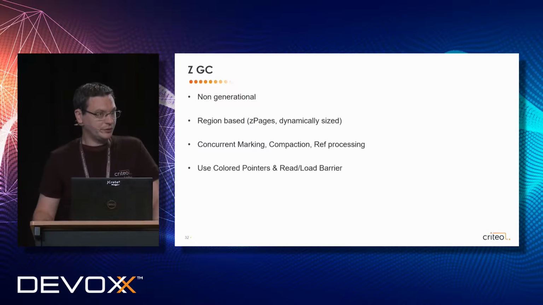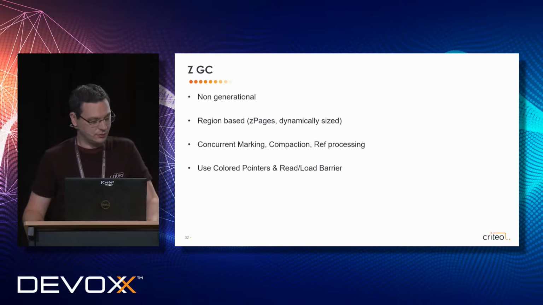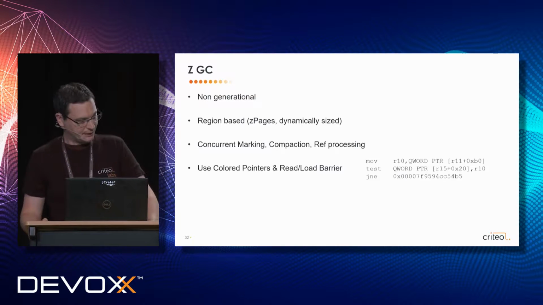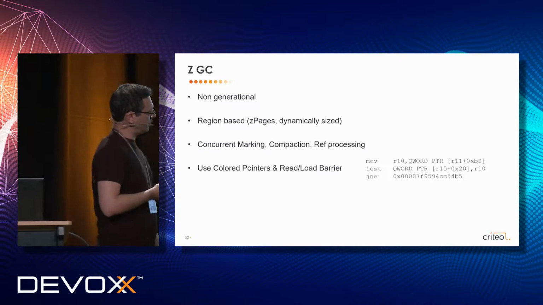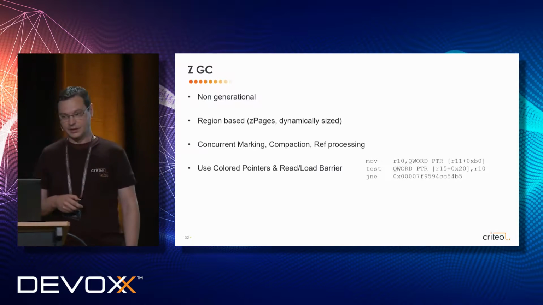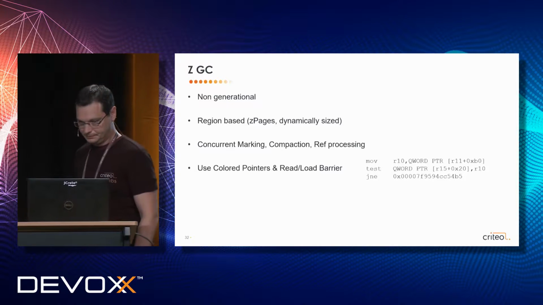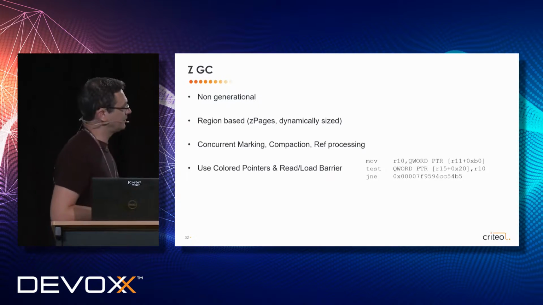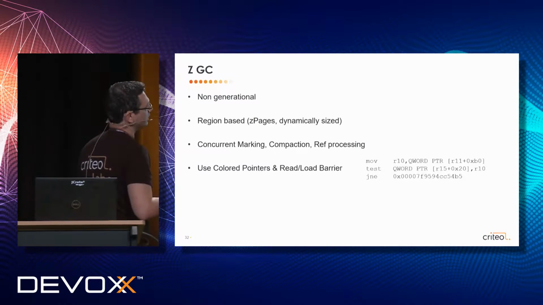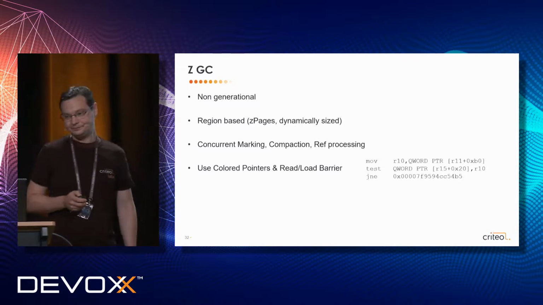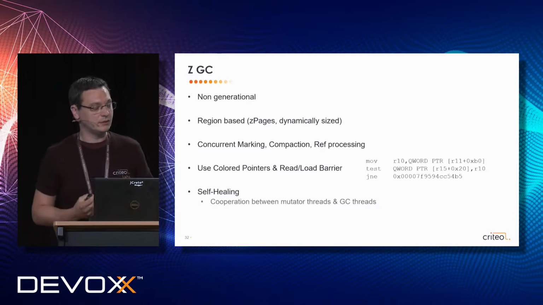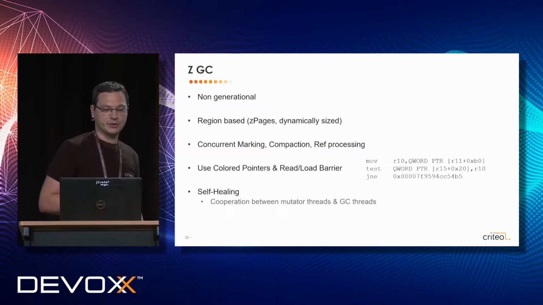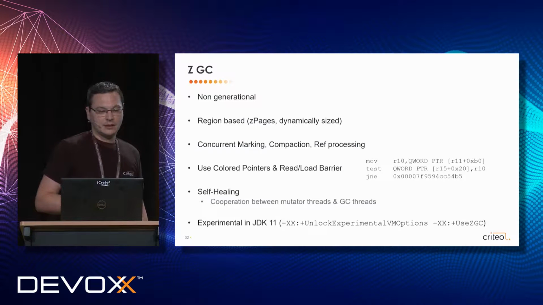They use the colored pointer, so something similar to C4, and the read-load barrier. Again, that's an example of the load barrier from ZGC. They are using thread-local state, so it means that we have a memory access each time we try to load a reference. Again, the self-healing concept, cooperation between mutator threads and GC threads.